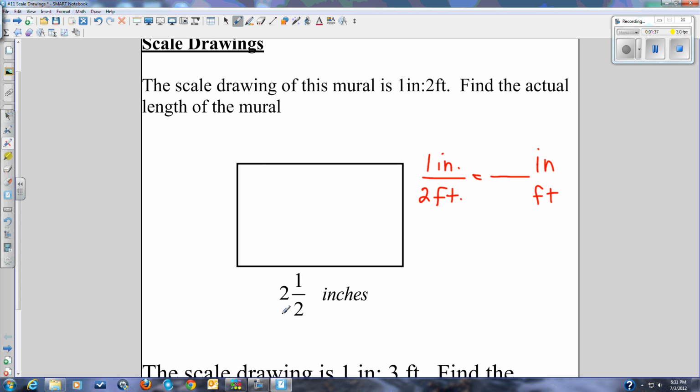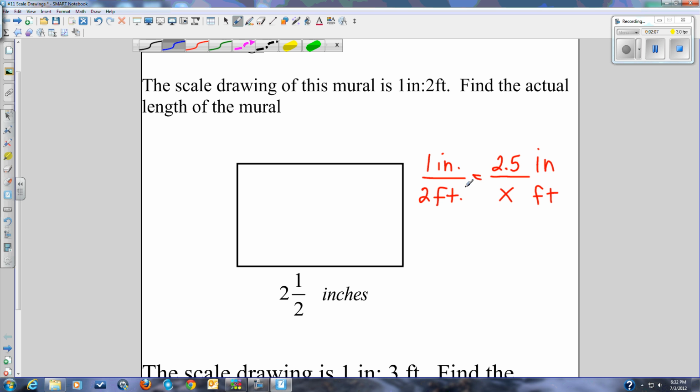In the picture, the length is, I'm sorry, 2.5 inches. Because the units are inches, we're going to place it in the spot that says inches. You can write it as a decimal or as a fraction. We're trying to find the length of the actual mural, which would be in feet, so we'll put our X next to feet.